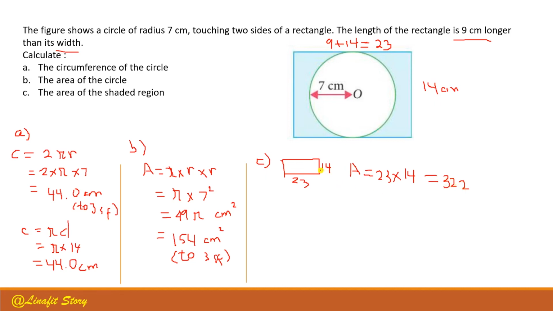The area of the rectangle minus the area of the circle. We get the area of the circle is 49 pi. So 322 minus 49 pi. So the answer is equal to 168 square cm. Three significant figures.